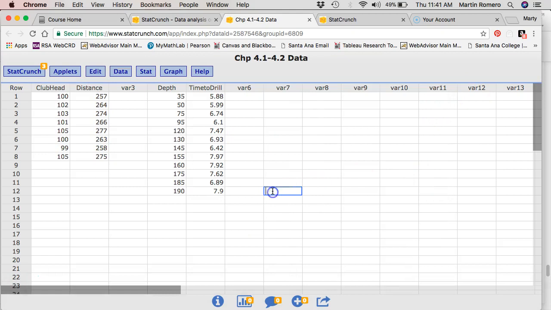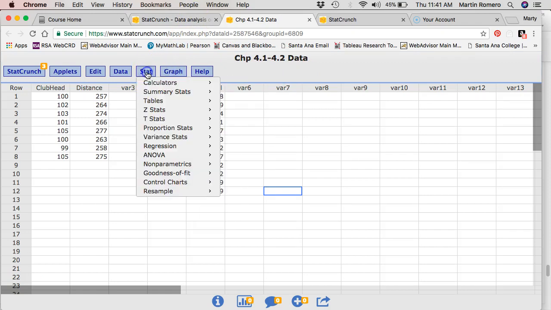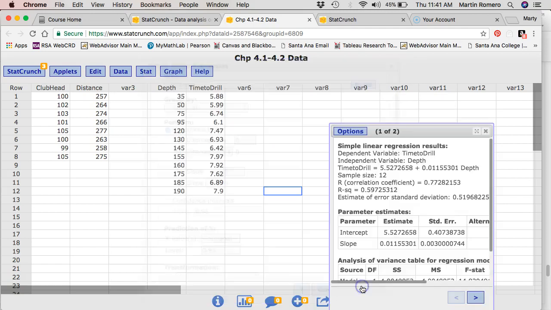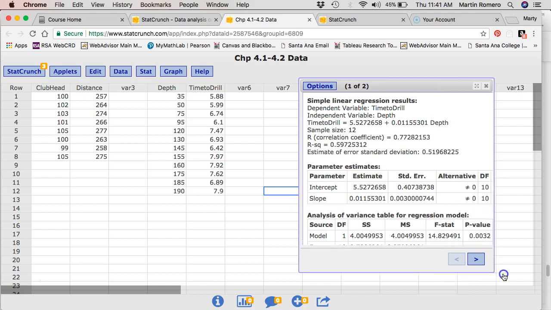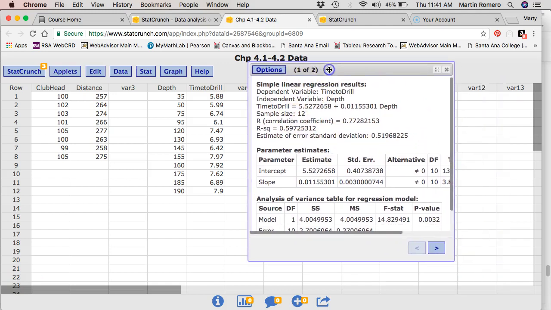If you joined the group already, this data is there for you. We're going to go ahead and run a regression, not a graph: simple linear regression, depth and time to drill. Is there a correlation? Compute. We take this information right here, and with it we can make a decision about what that looks like.